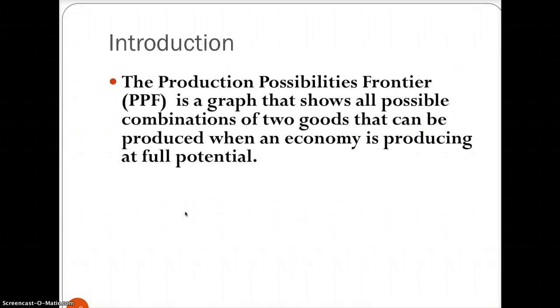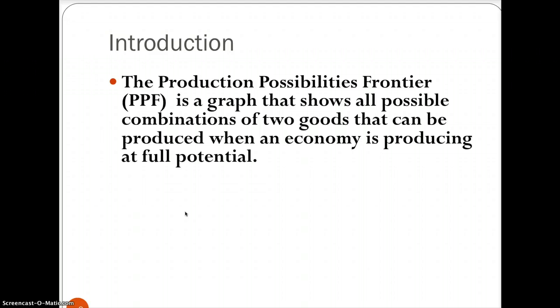So let's start off by reviewing what a production possibilities curve is. Another name for a production possibilities curve, or a PPC, is a production possibilities frontier, or PPF. That is a graph that shows all the possible combinations of two goods and services that can be produced when an economy is producing at full potential.